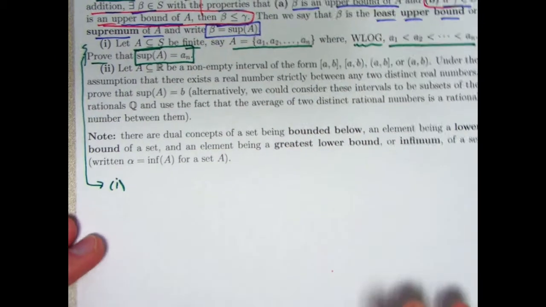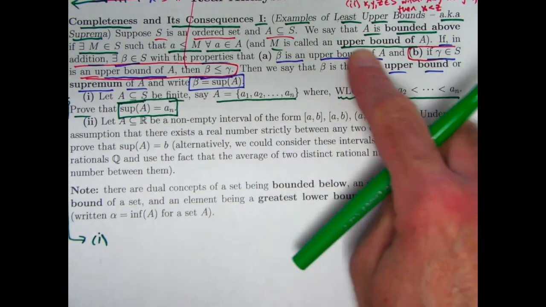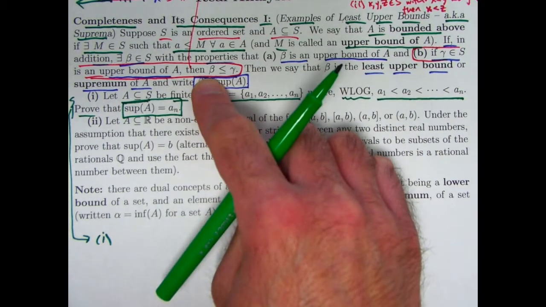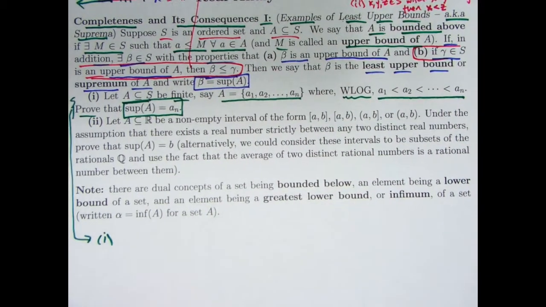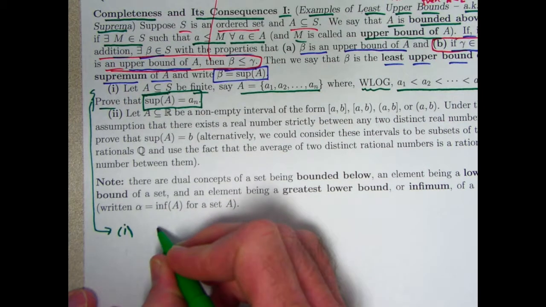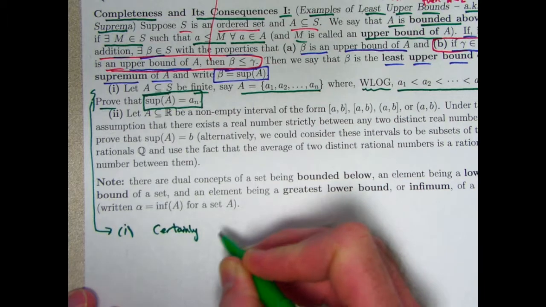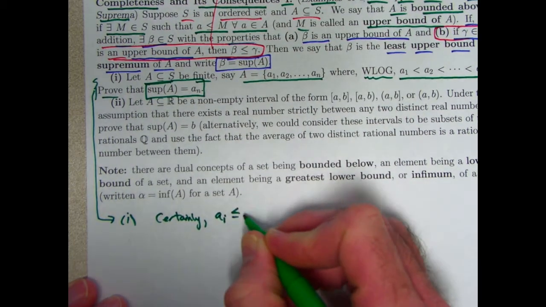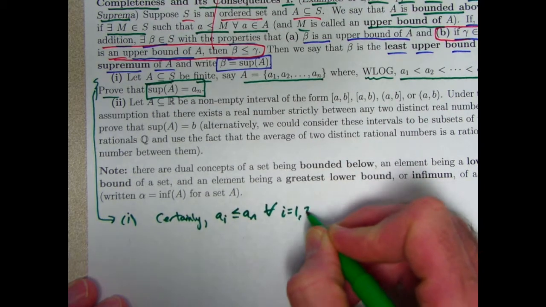There are two things to prove again. Prove that an is an upper bound of A, and prove that any other upper bound must be greater than or equal to an. These are pretty easy to prove. Certainly, by definition, ai is less than or equal to an for all i going from 1 to n.